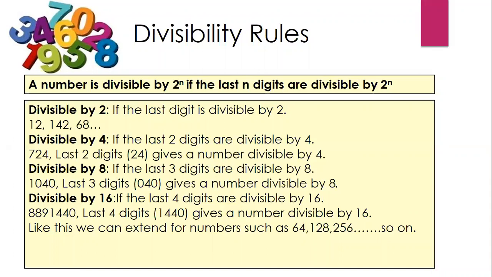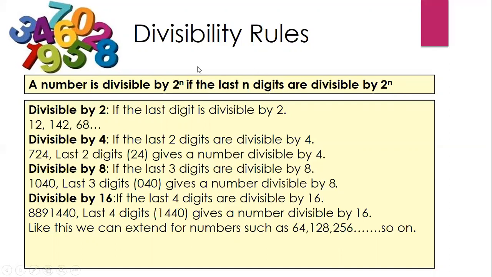For the divisibility rule for 16, if it is a 7-digit number, we don't need to divide all the values, just take the last four digits and divide by 16. If it is exactly divisible, then the whole number will be exactly divisible by 16. The same approach can be followed for numbers such as 64, 128, 256, which come under powers of 2.